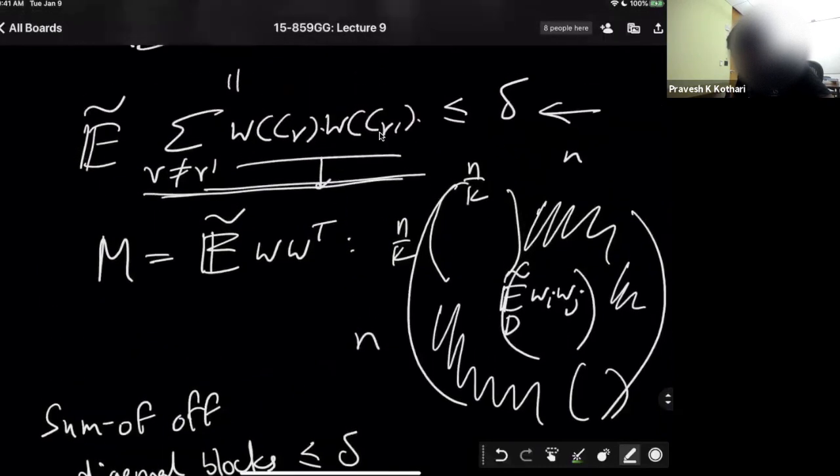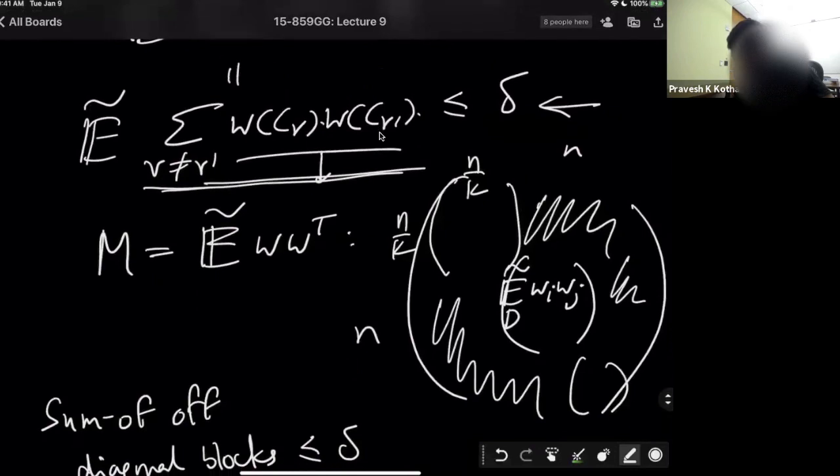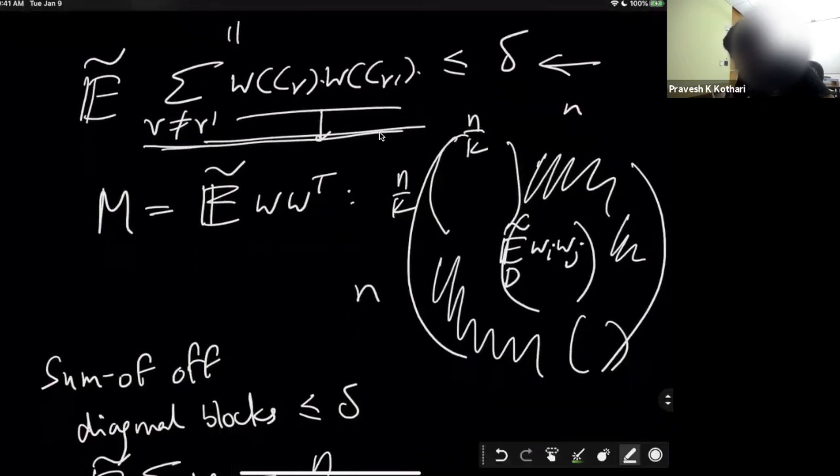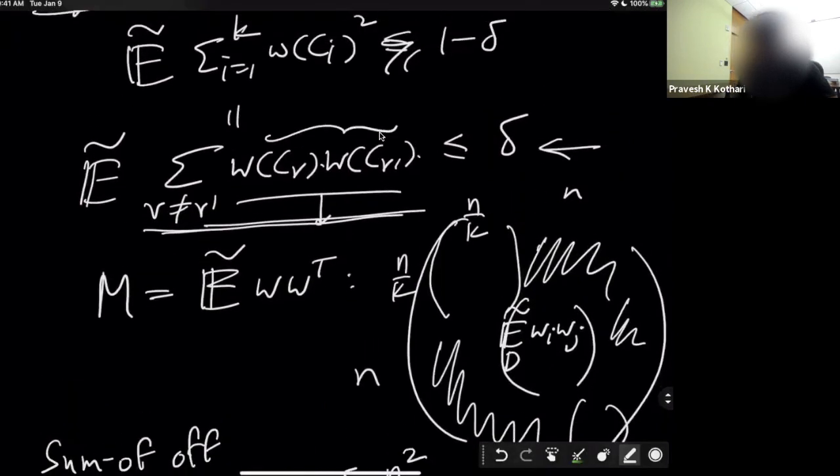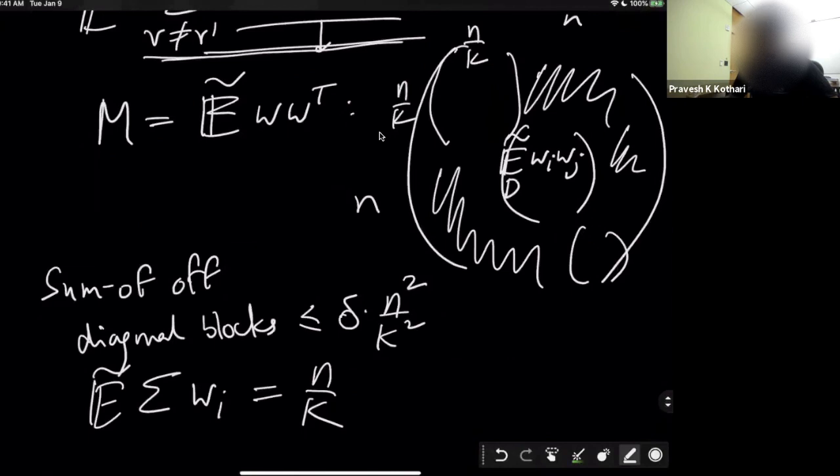And the off diagonal part is delta times n squared over k squared. That's a normalized statement; there's a k over n that sits in here. So if I look at this matrix whose entries are expectations of Wi, Wj, then the diagonals sum up to n over k, while the off diagonals contribute at most delta times n squared over k squared. Okay, still with me?